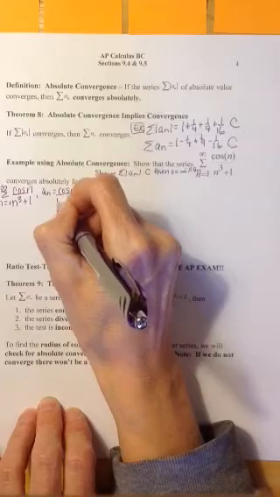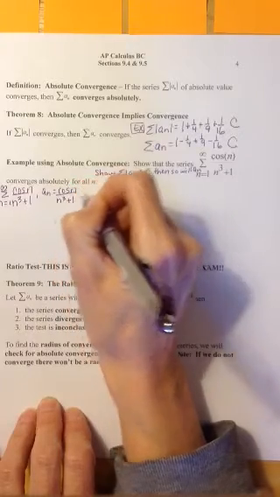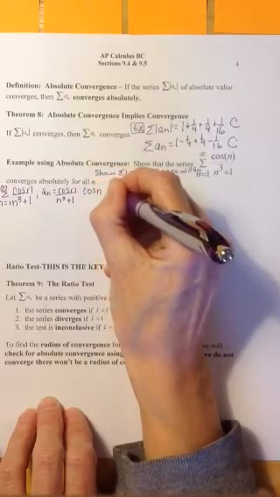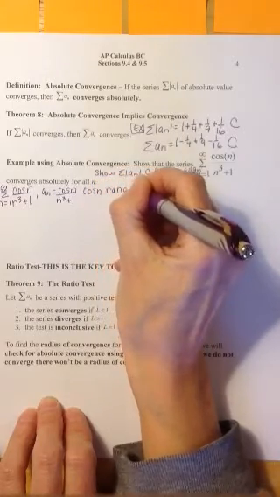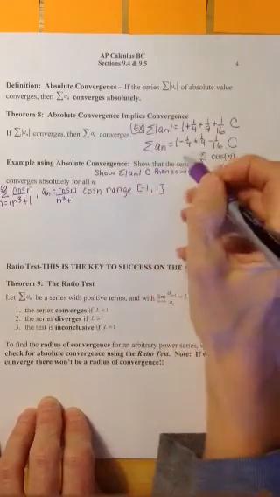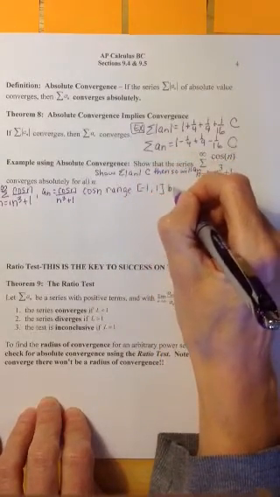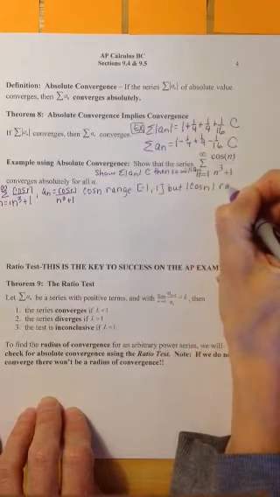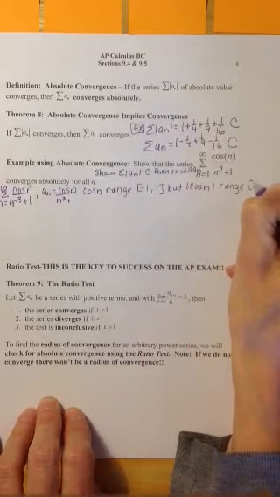Well, if we isolate the numerator, we know that the range of the numerator is going to be from -1 to 1 because of the nature of cosine. But the absolute value of the cosine of n will have a range only from 0 to 1.